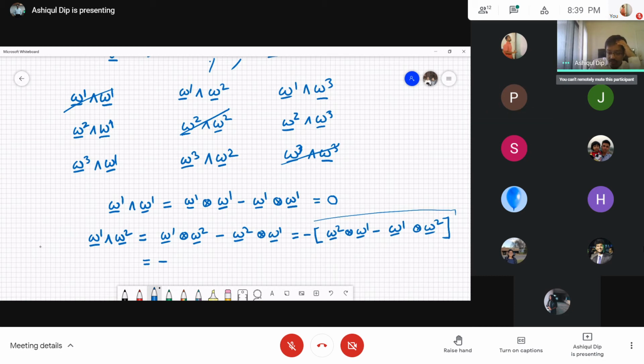So inside that square bracket, you have omega 2 wedge omega 1. So omega 1 wedge omega 2 is the negative of omega 2 wedge omega 1. So these two things are not independent. They are actually negatives of each other, right? Okay, then what else?